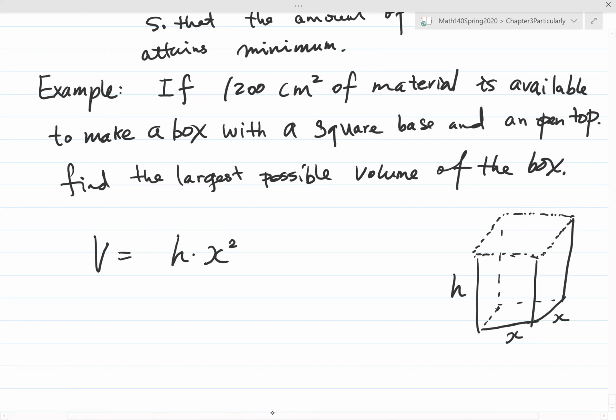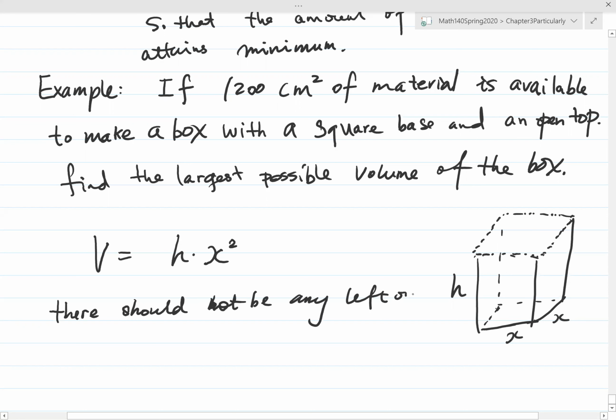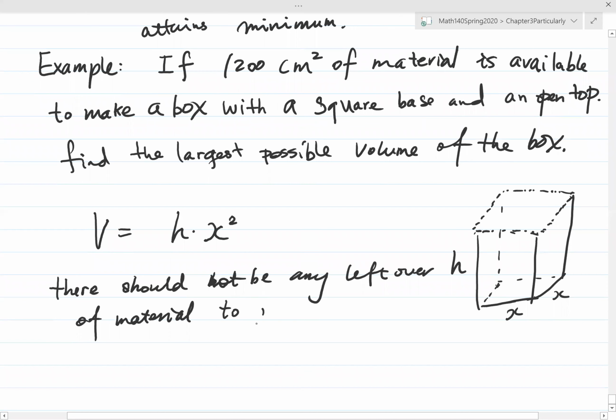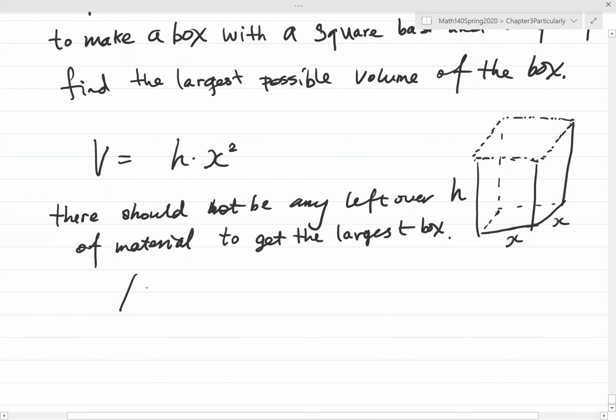Remember, when we get the surface area, there shouldn't be any leftover of material, to get the largest possible box. So all the material should be used to get the surface area.